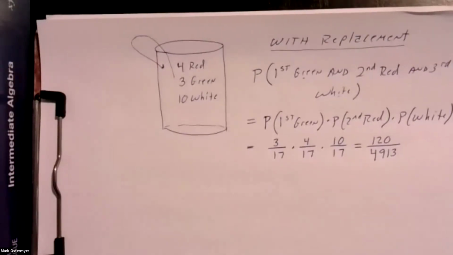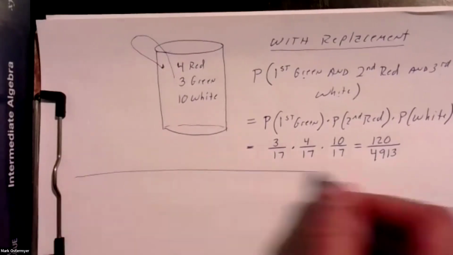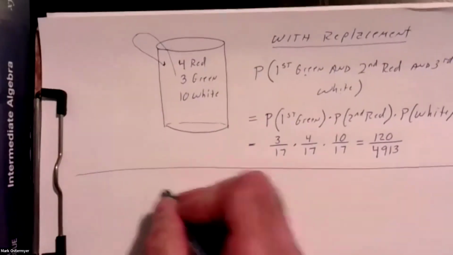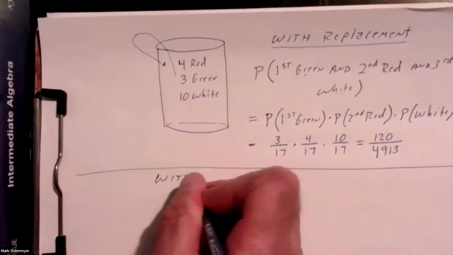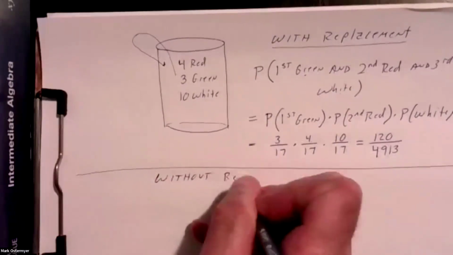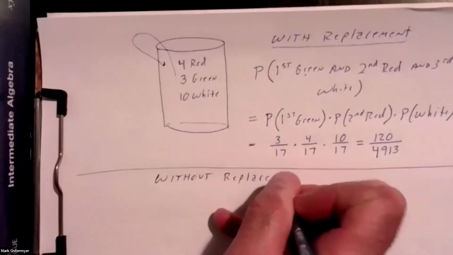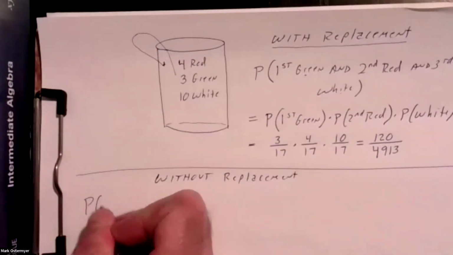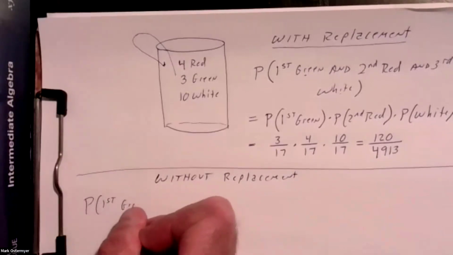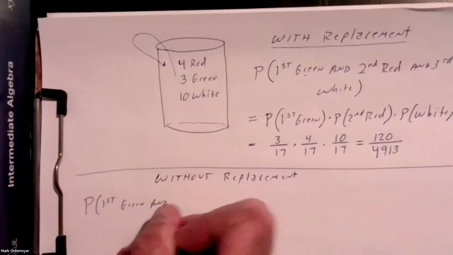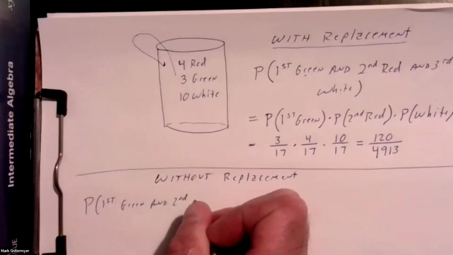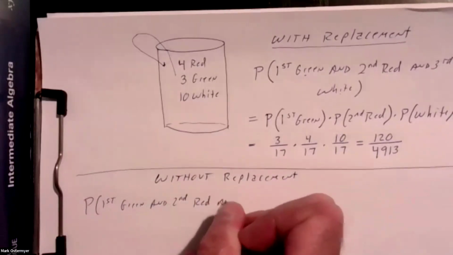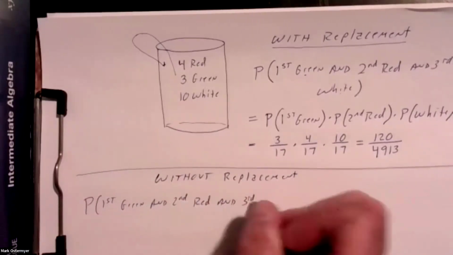All right, suppose we conduct an experiment now, a second experiment without replacement. What would be the probability that the first selection is green and the second selection is red and the third selection is white?